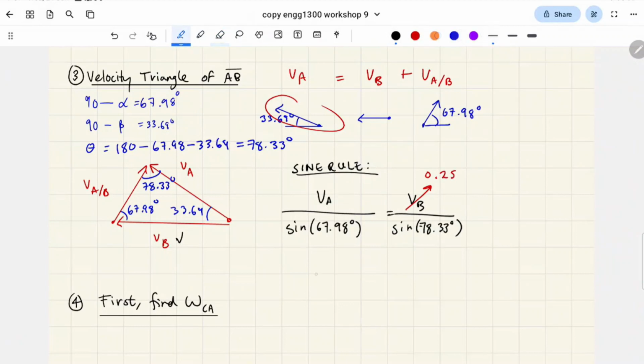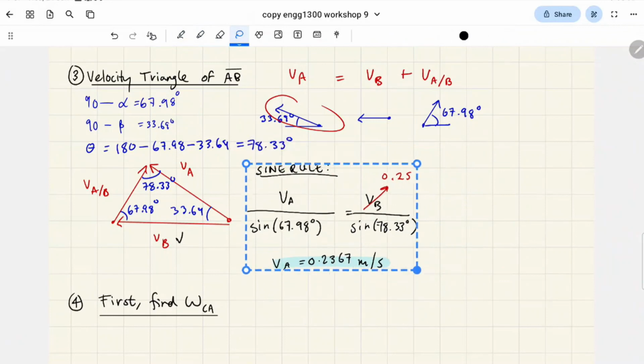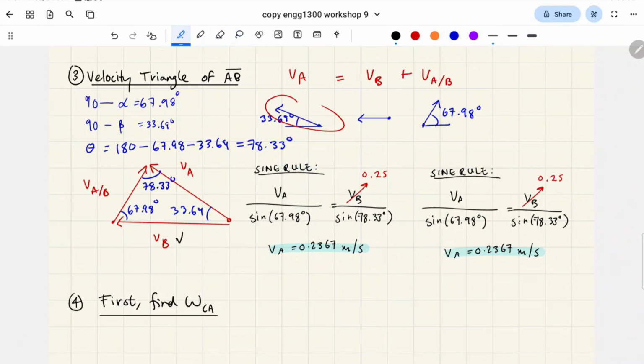So when we rearrange for VA, that gives us this. Similarly, if we do it for VA relative to B, all I'm doing is changing this to the new angle, which is 33.69. I rearrange, I get this, right?